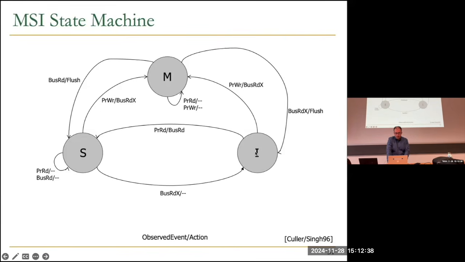And you can also move from invalid to modified. So this is the case where you get a write hit, and this is the case where you get a write miss. But in both, you go to the modified state and invalidate other cache copies. And other copies, when they receive this bus read exclusive, all need to go to the invalid state.